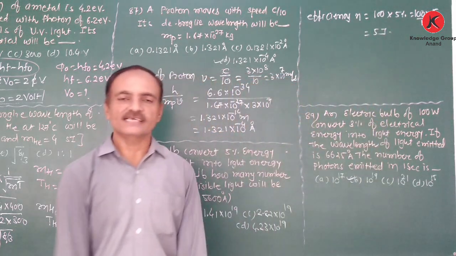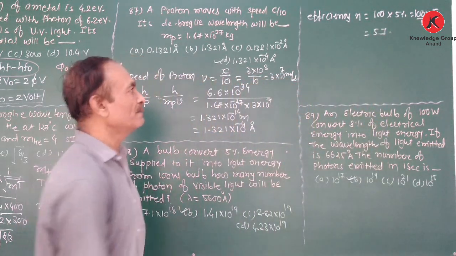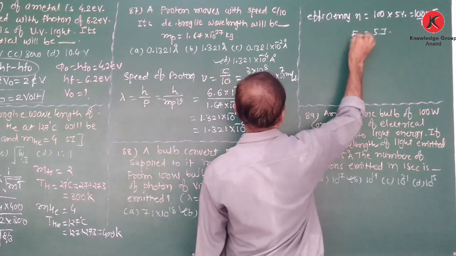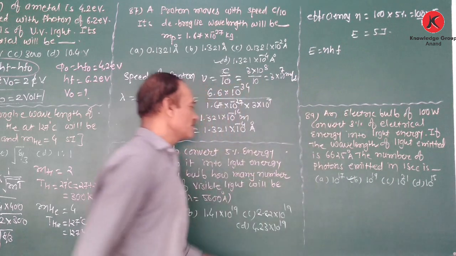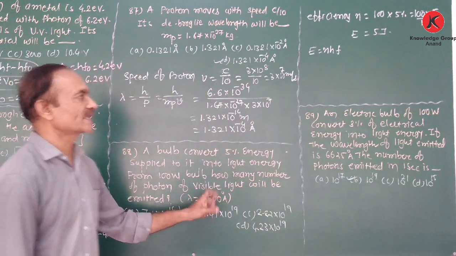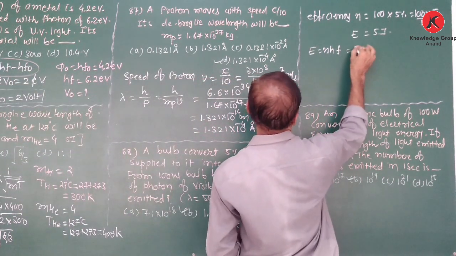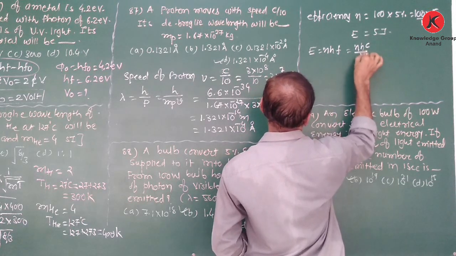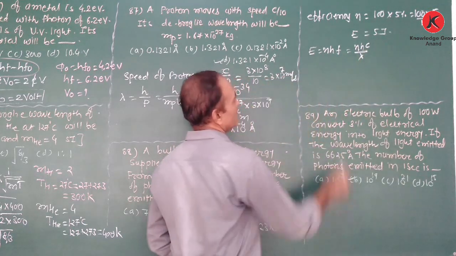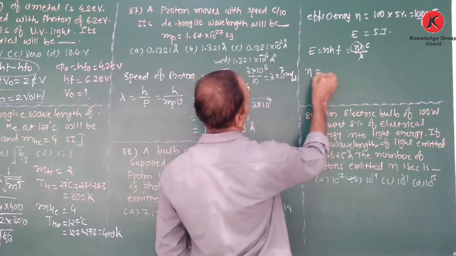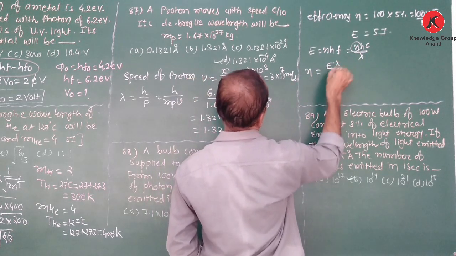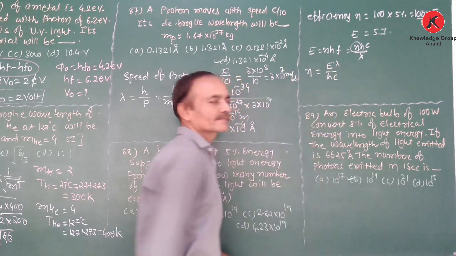Now, in this energy, suppose n photons are present, therefore E is equal to nhf. Here the frequency is not given, the wavelength is given, therefore we convert frequency into c upon lambda. We require the number of photons emitted per unit time, therefore n is equal to E lambda upon hc.